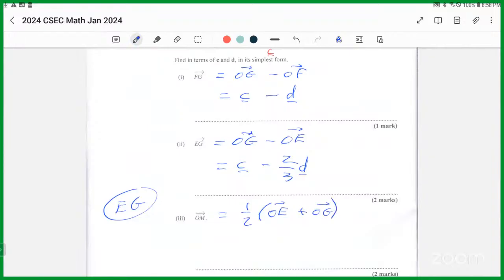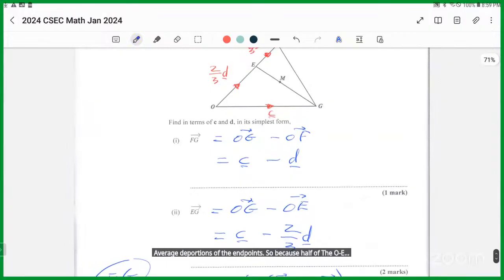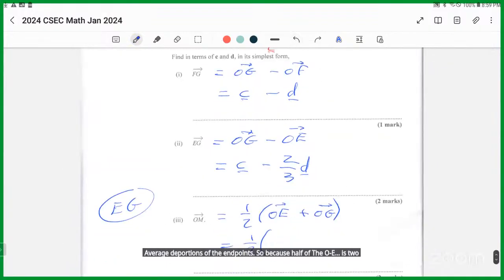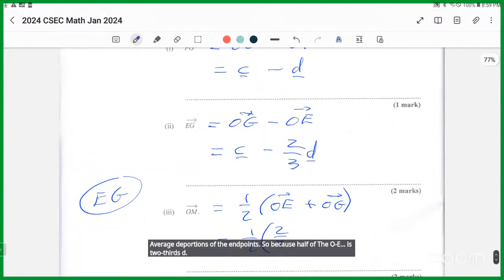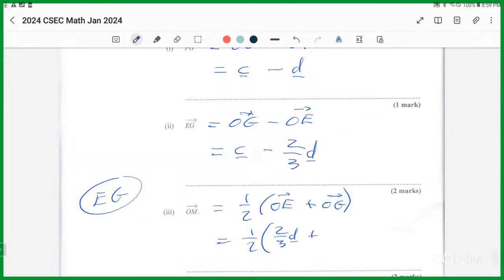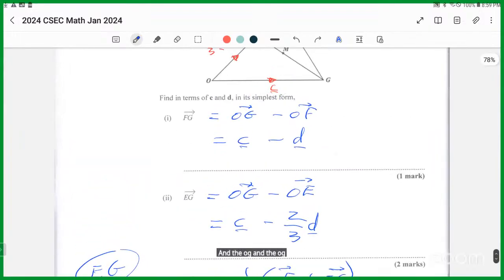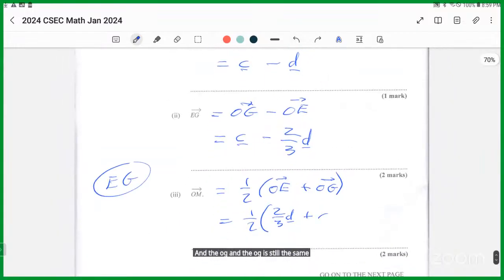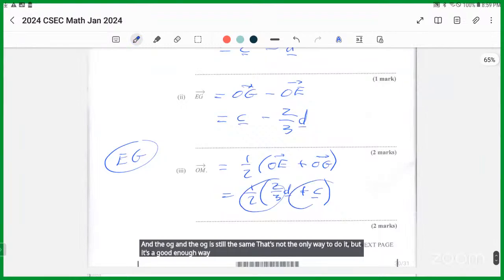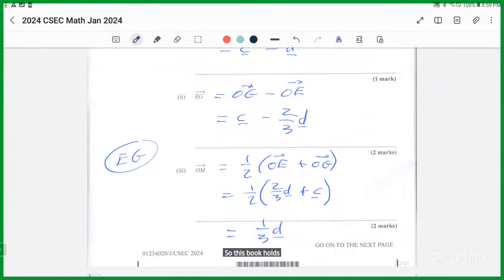So it becomes half of the OE is 2/3 D, and the OG is still the C. That's not the only way to do it, but it's a good enough way. So doing half of this and half of that, this becomes 1/3 D, half of 2/3 is 1/3, plus half of C.